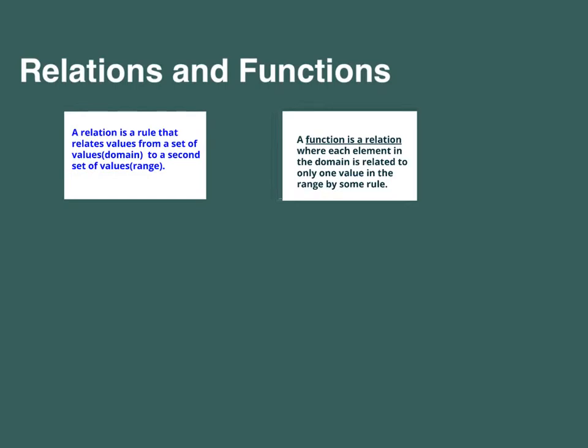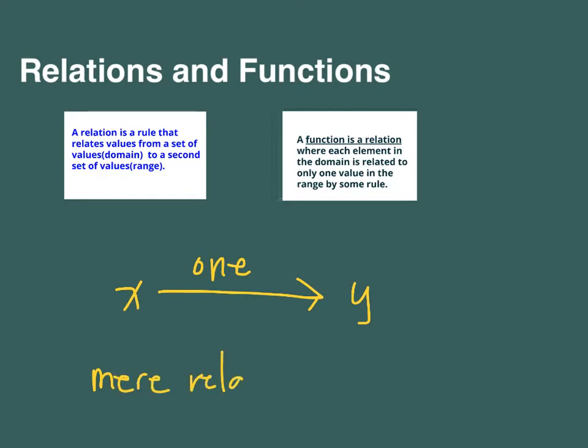That's the defining characteristic of a function. That is, given any single x from the domain, it should be paired to only one value in the y. If this characteristic is not shown in a given relation, then the relation is not a function, or we call that just a mere relation.